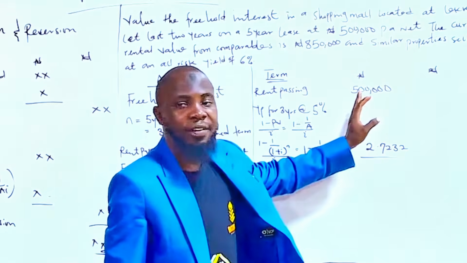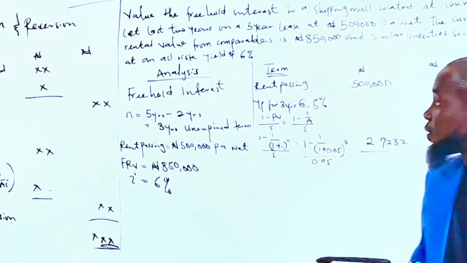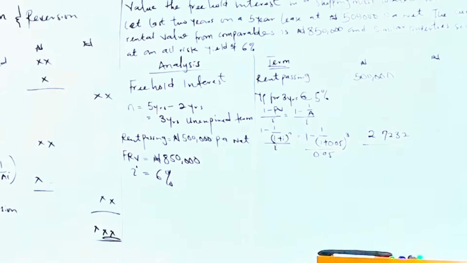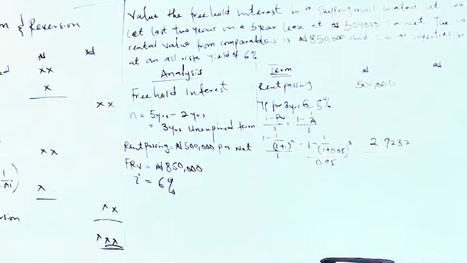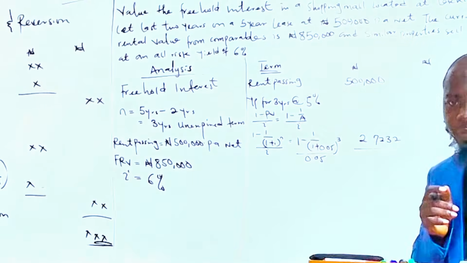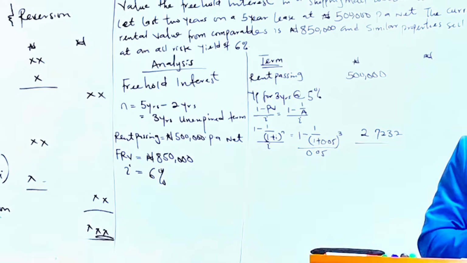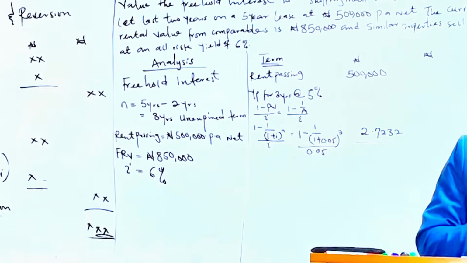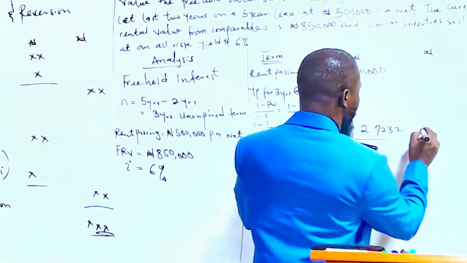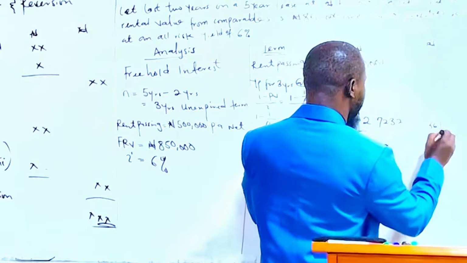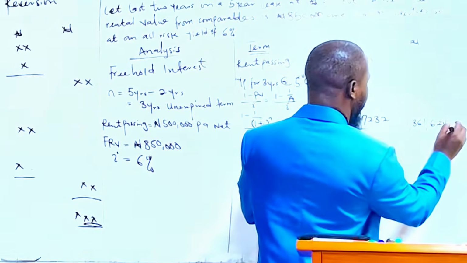Any value you have is your capital value for the term. 2.7232 times 500,000, we have 1,361,624.01.